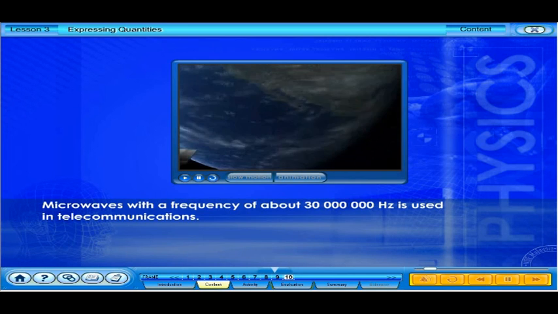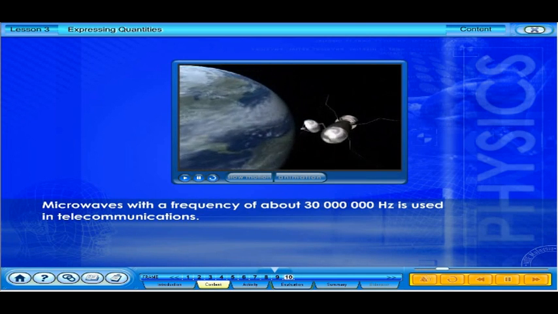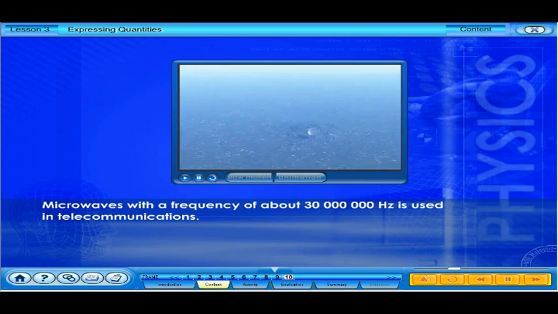Microwaves with a frequency of about 30 million Hz is used in telecommunications.